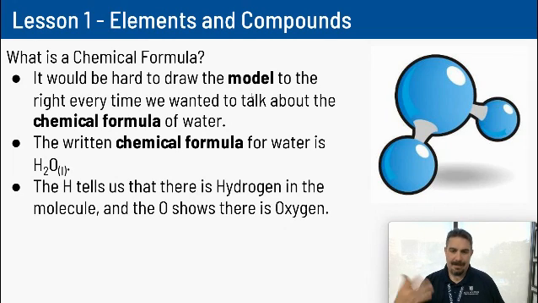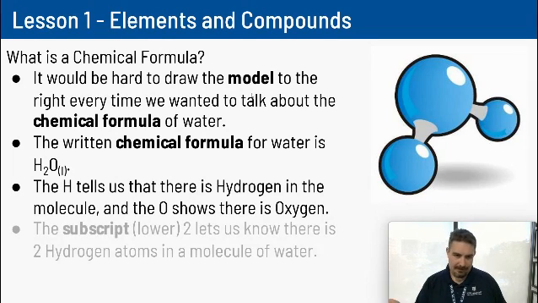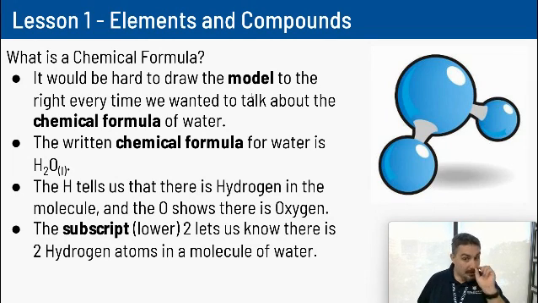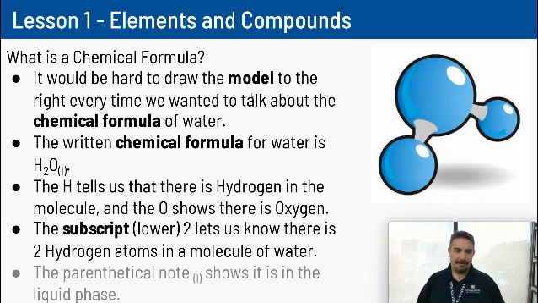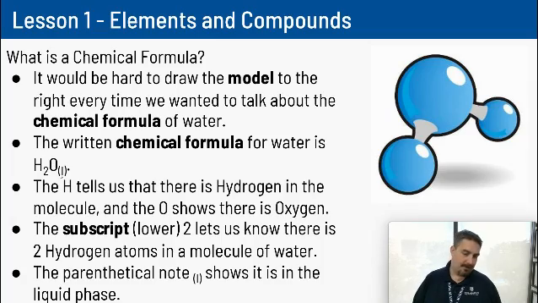And the H says there's a hydrogen. The O says there's oxygen. That subscript says there's two hydrogen. H2, there's two H's. So two hydrogens in this molecule of water. And that little parenthetical note that has L in it says that it's a liquid phase. This is water you can drink. It's not water vapor, it's not ice. H2O(l) would be water you could drink.